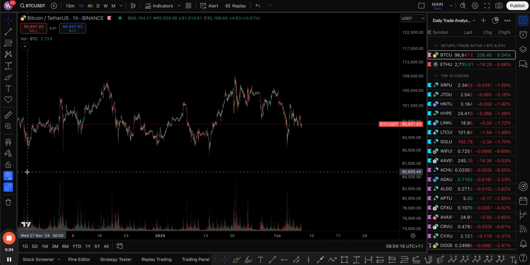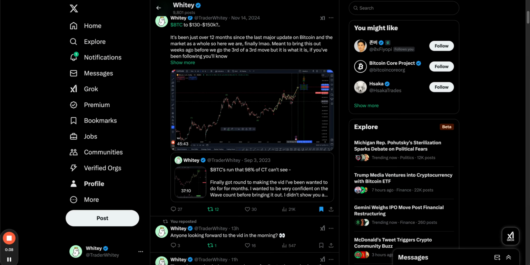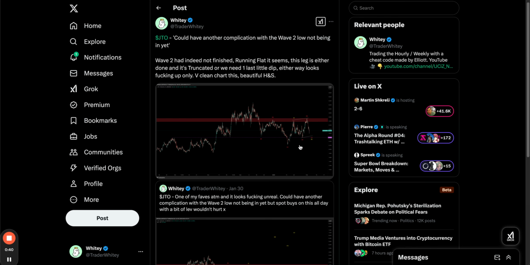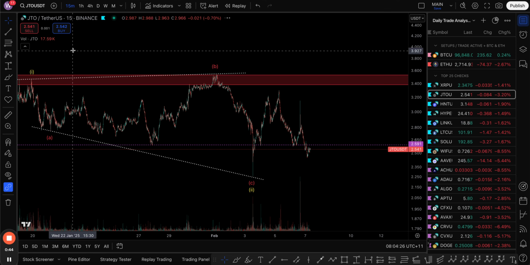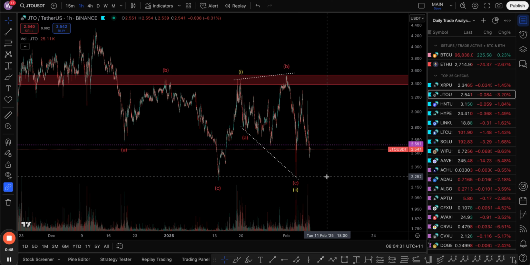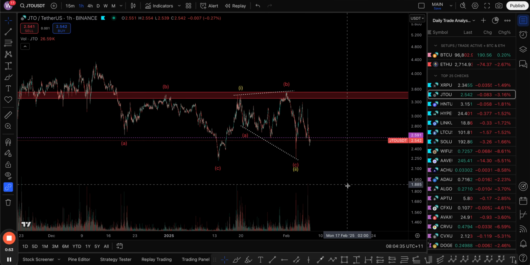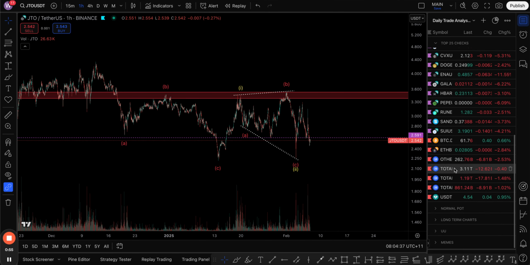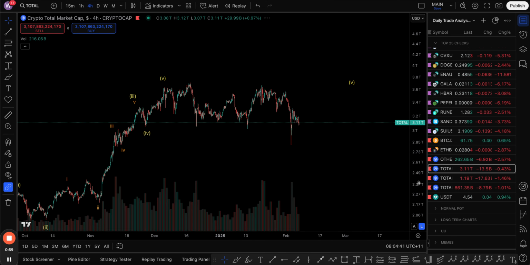So pretty much, I'm going to start with Bitcoin on the lower time frames. If you've been seeing throughout the week, in fact, you know what, I'll go with JTO first. Essentially, I just think this is another flat inside of this flat. It is quite interesting though, because if we do start tumbling down, let's say with the totals, this could be a wave three.